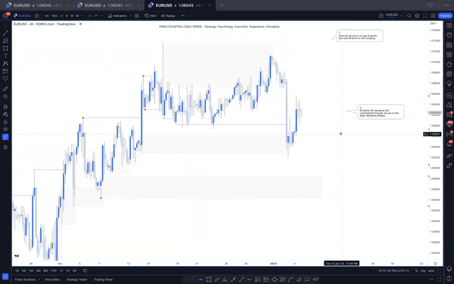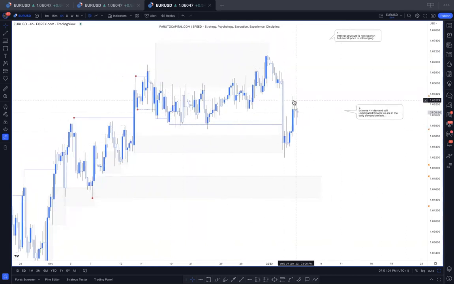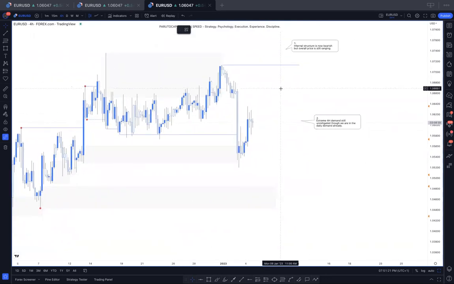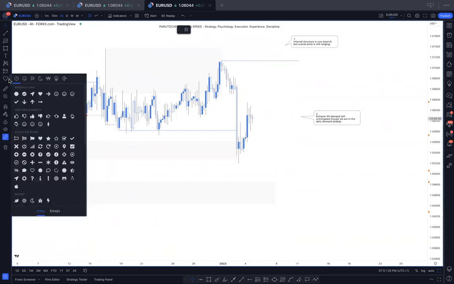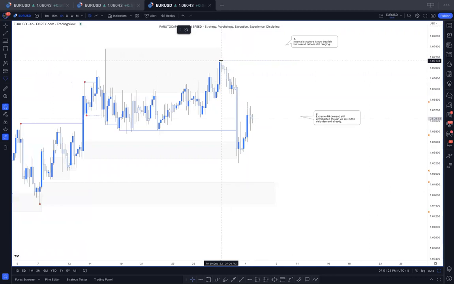So all of this, I can still consider as internal structure, basically price just playing around and all of that. Now, we have all of this movement here. Let's now come to today. Now here around yesterday, let me just mark this high here. Okay, so that's a high. So this break of structure here, sorry, let me use this circle.